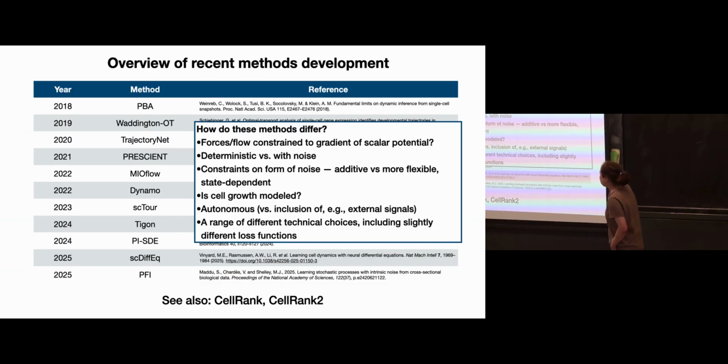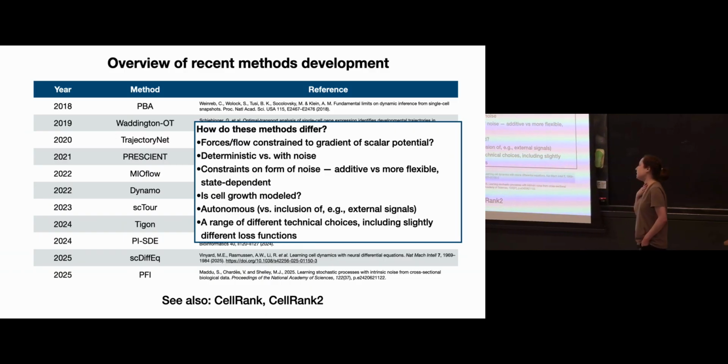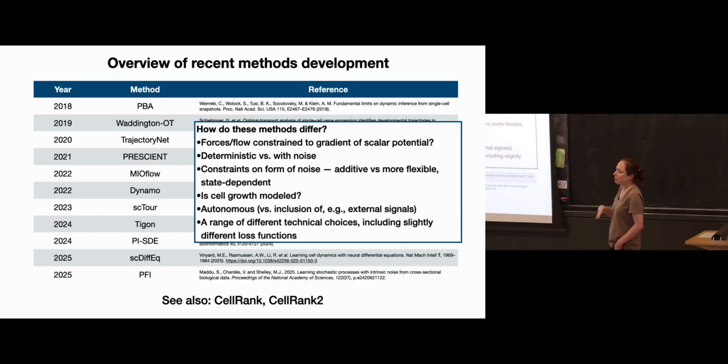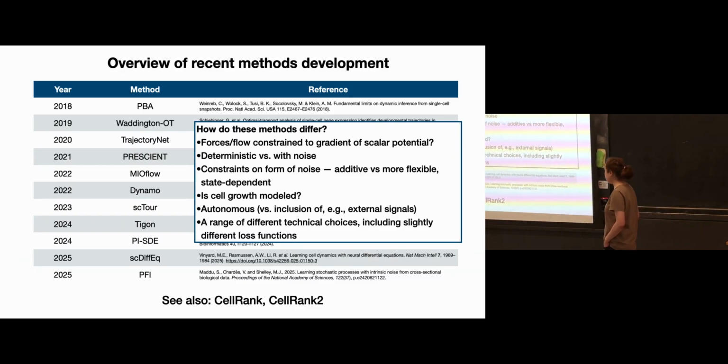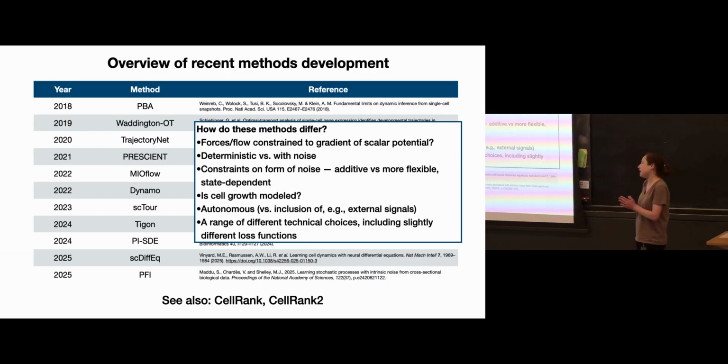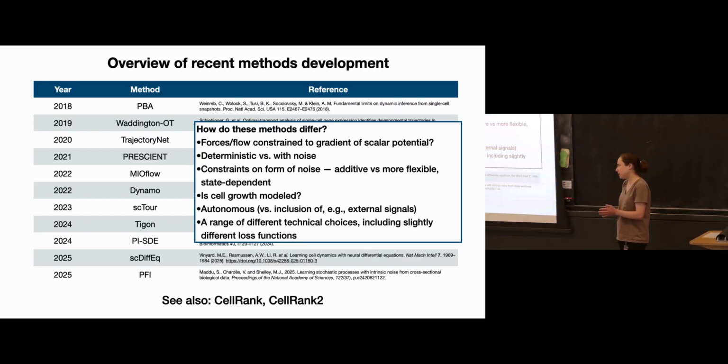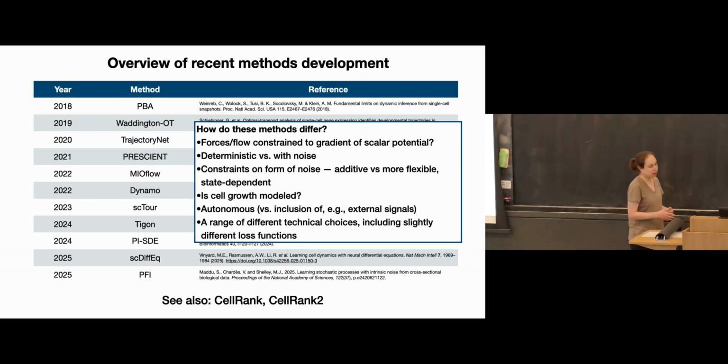Again, as mentioned previously, is the system supposed to be fully autonomous, or is there the possibility of having some kind of external signals and terms that correspond to that? And then there's of course a range of additional technical choices that people make, like exactly what activation function to put on neural network layers, what loss functions to use, how to regularize them, etc.